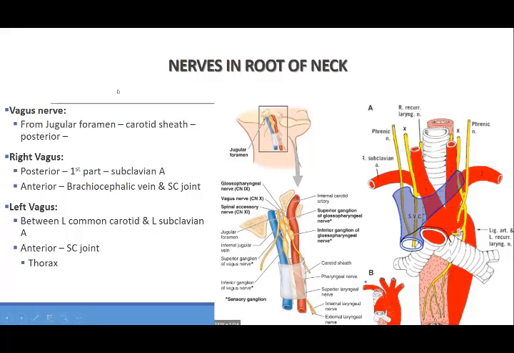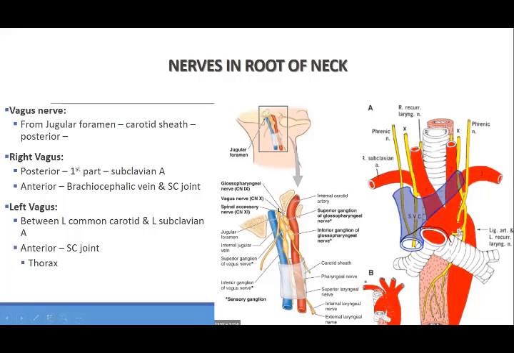So let's start with the vagus nerve. Now the vagus nerve emerges from the jugular foramen. This over here is supposed to be the jugular foramen.